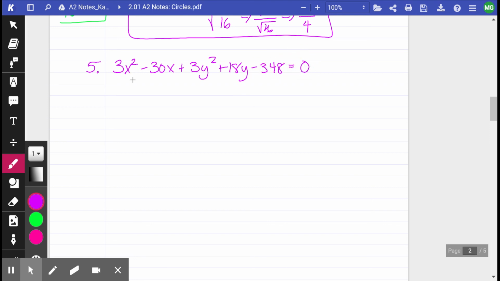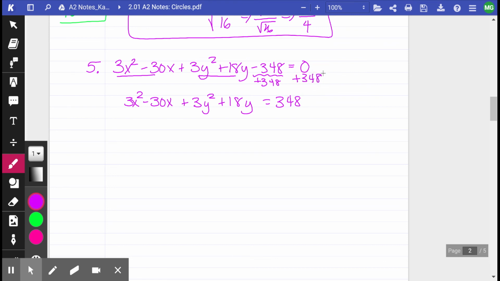For this one, our x's are already grouped together, our y's are already grouped together, but this time we have this constant, which is a number without the variable, on the left side. So I want to rewrite this so that it's on the other side. I'll have 3x squared minus 30x plus 3y squared plus 18y equals positive 348, because I'm just adding that to both sides.